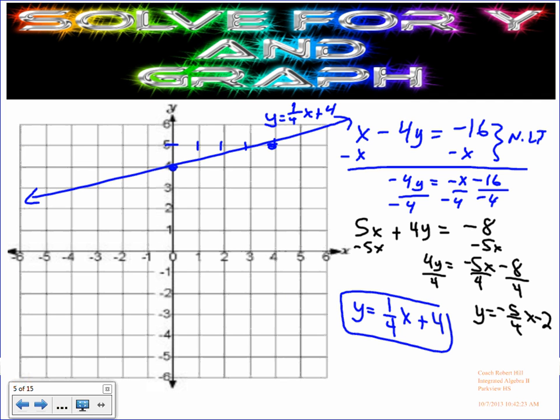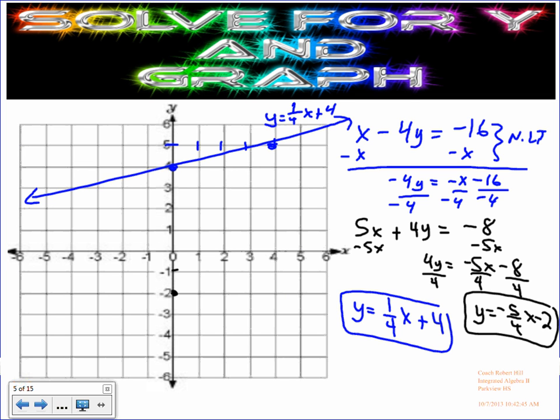Up here, please. Where's the first place I go? Very good. Negative 2. Okay, so now I'm going to go to negative 2, and my slope is negative 5/4. It seems to me that because the slope is negative, I might want to go down 5 and over 4. That's right.